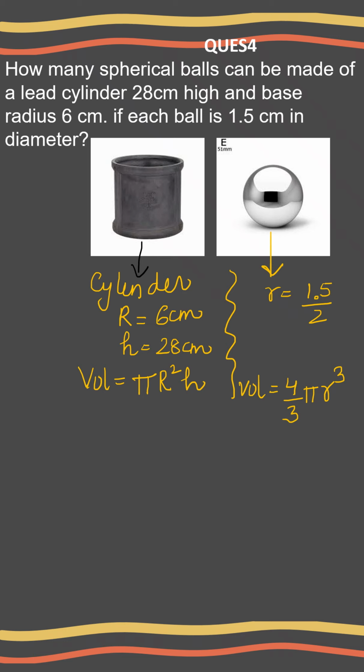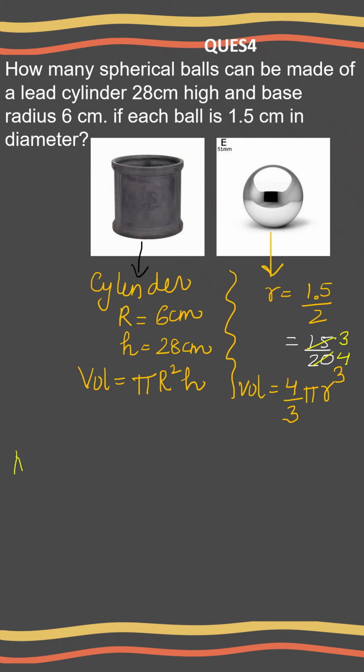Question number 4. How many spherical balls can be made of a cylinder which is 28 meter high and radius 6 centimeter if each ball is 1.5 centimeter in diameter? First, convert this diameter into radius by dividing it with 2. Now change this decimal number into a fraction by removing this decimal and putting 0 in the denominator. Both are divisible by 5. So this is reduced to 3 by 4.